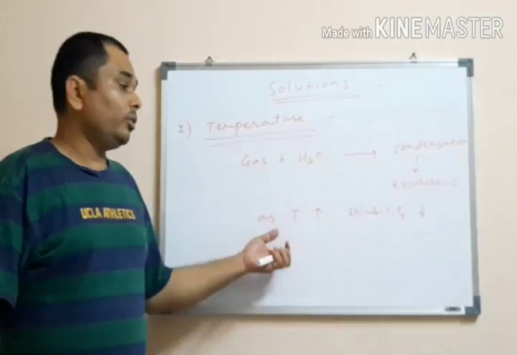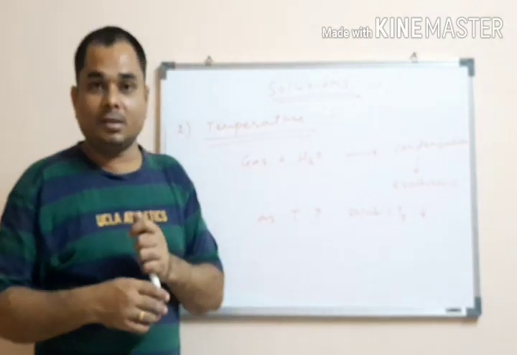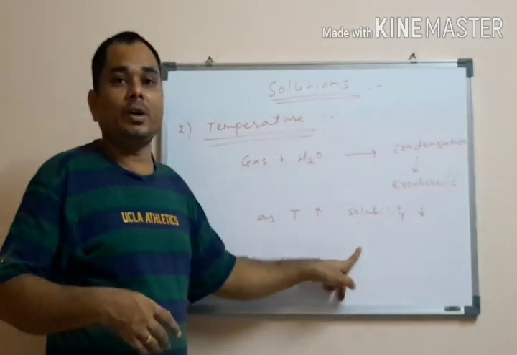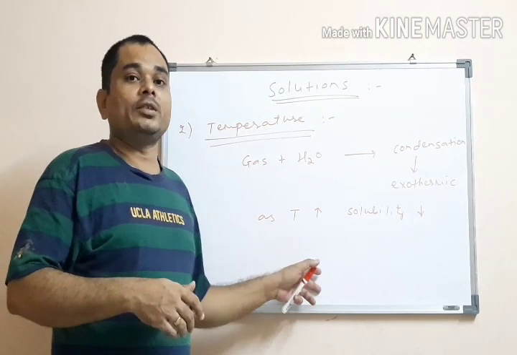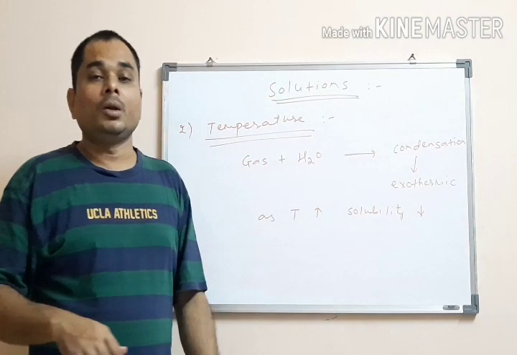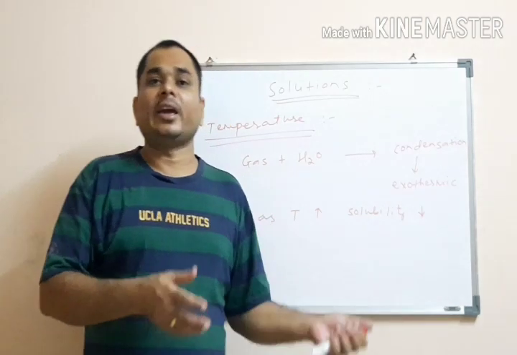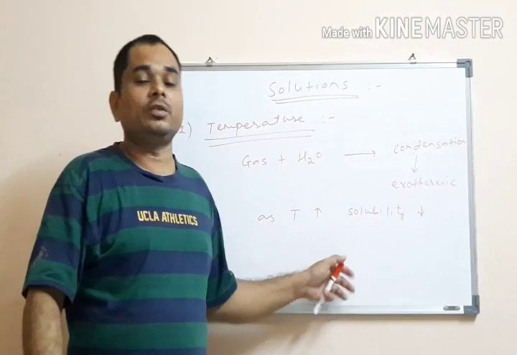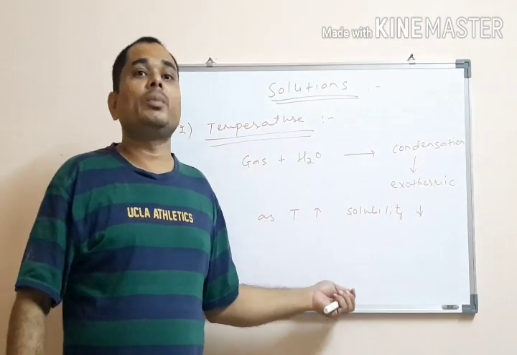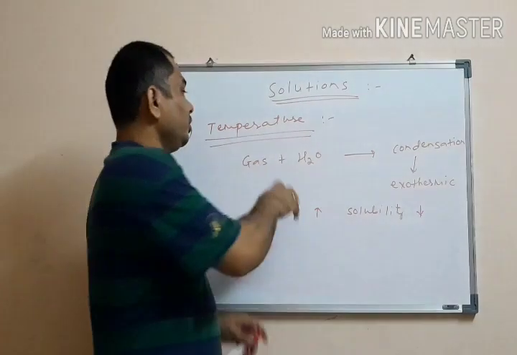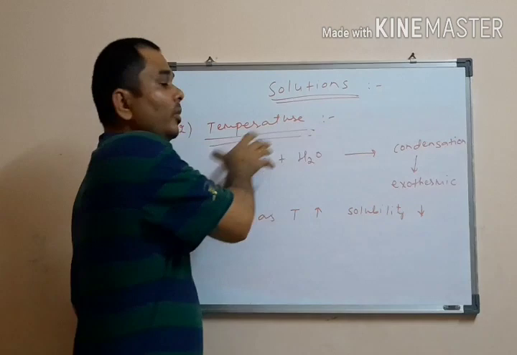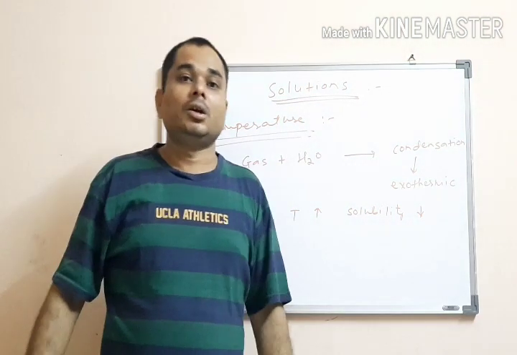Due to this, the temperature of the water increases, and the solubility of oxygen in the water decreases, which causes a very adverse impact on aquatic animals like fishes. So this may be disastrous for the aquatic life there. This is how we have to understand the effect of temperature on the solubility.